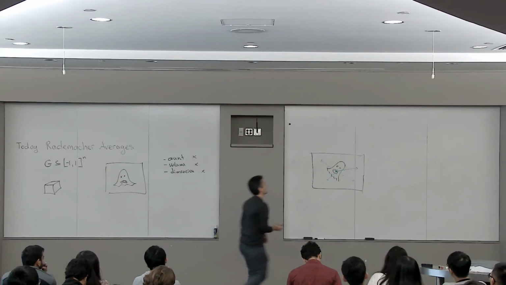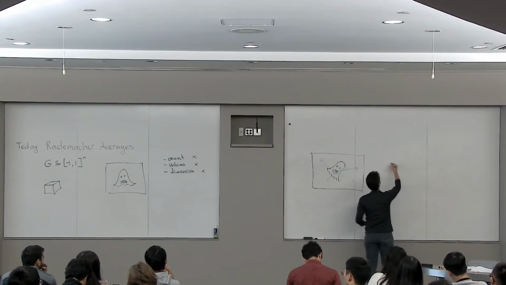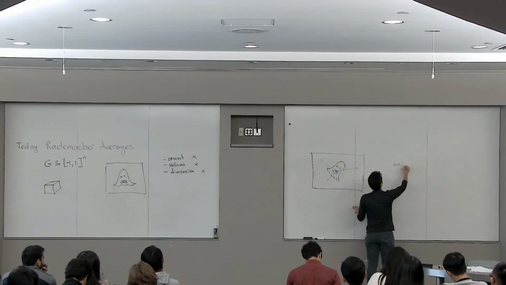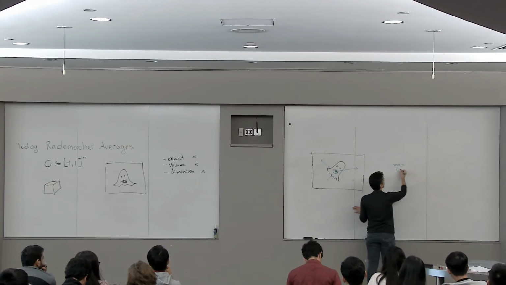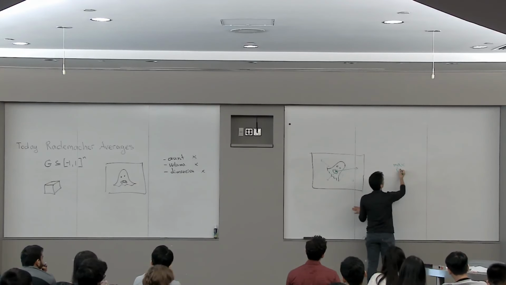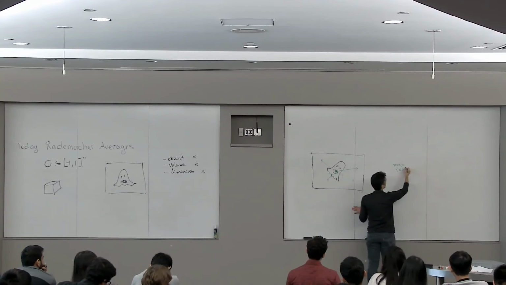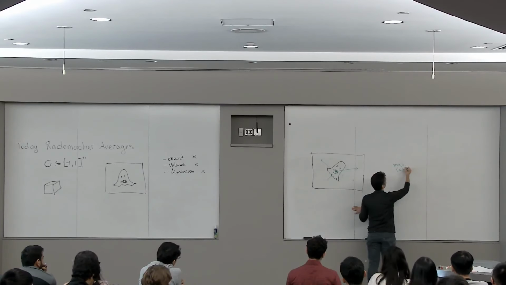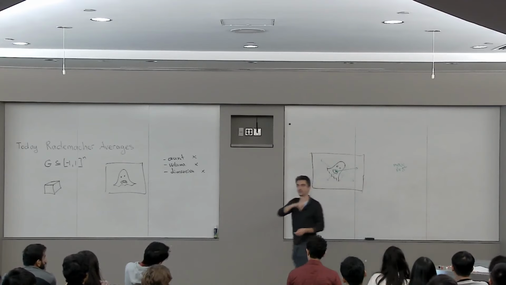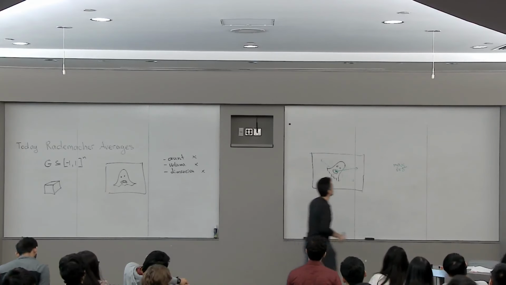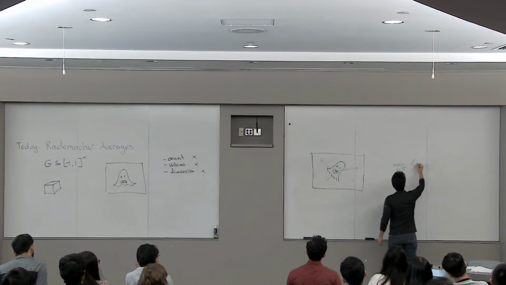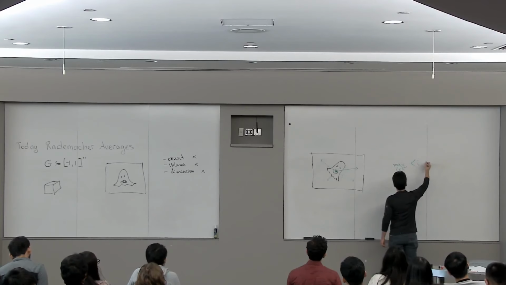How do I write this? I'm going to write it as a max over a vector nu from a sphere in n-1. It's just an n-dimensional sphere, n-1.